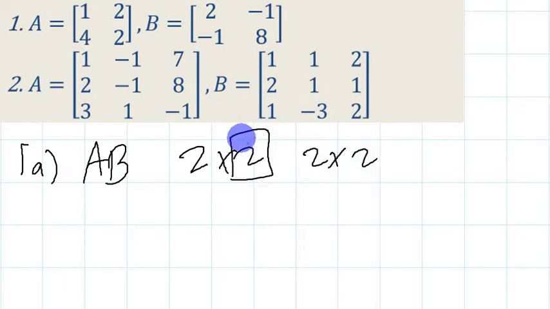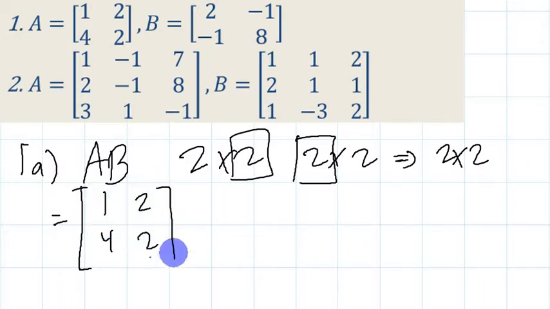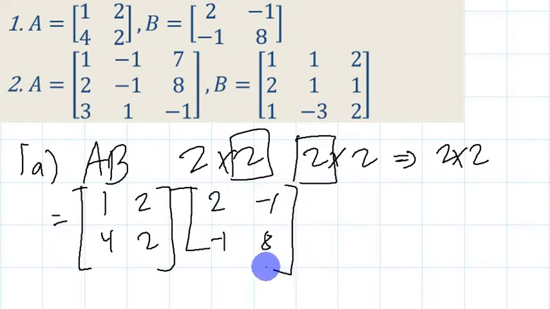Since the columns of the first matrix match the number of rows of the second, we can have this one. Therefore, we will result in another 2 by 2 matrix. So, we're now going to multiply 1, 2, 4, 2, 2, 2, negative 1, negative 1, and 8.